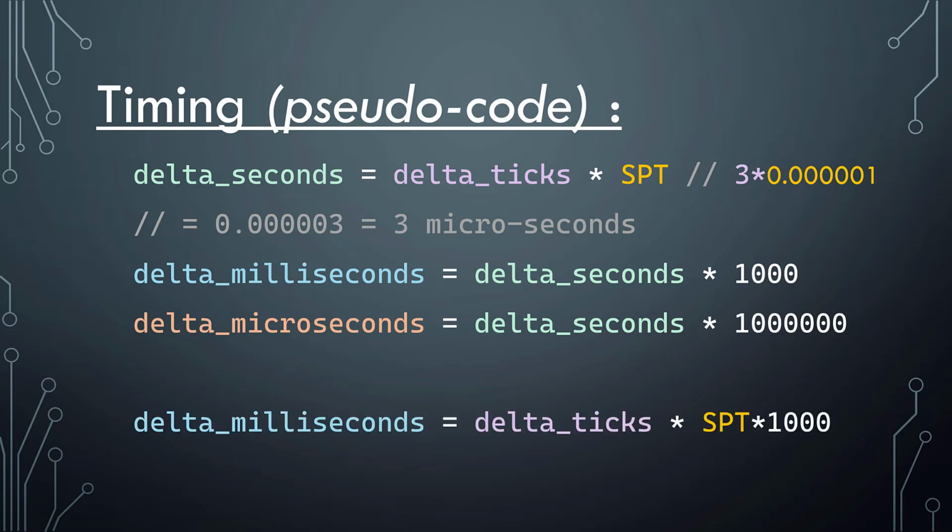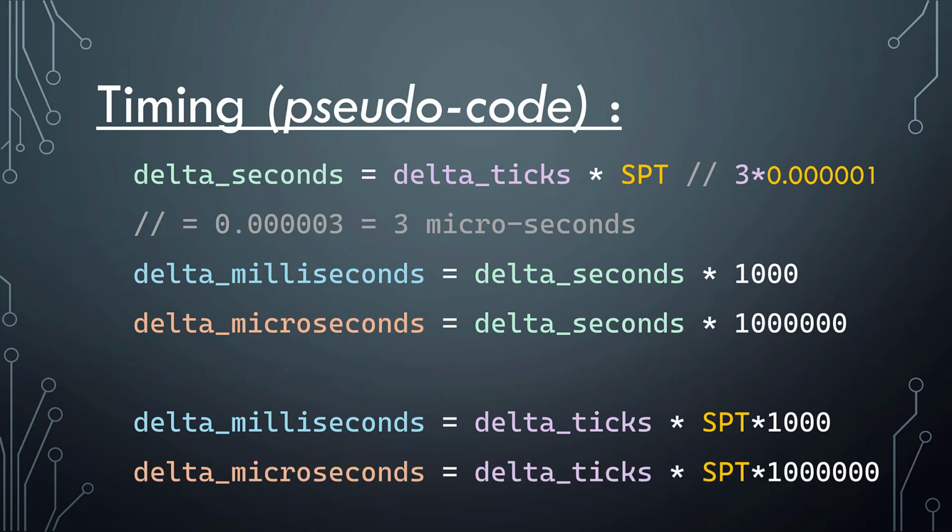So delta milliseconds is delta ticks times 1,000 SPT, and delta microseconds is delta ticks times 1,000,000 SPT. But notice that we already had to know that to go from delta seconds to delta microseconds, we have to multiply by 1,000,000.